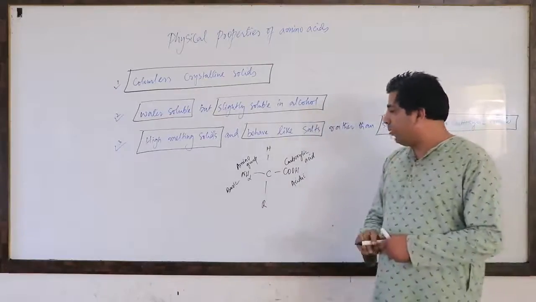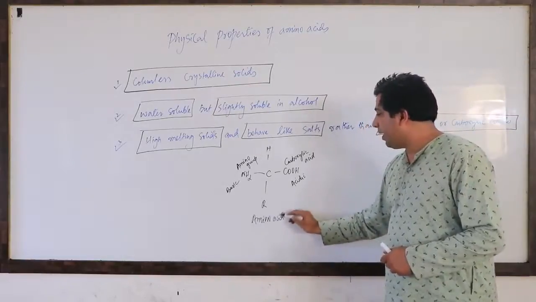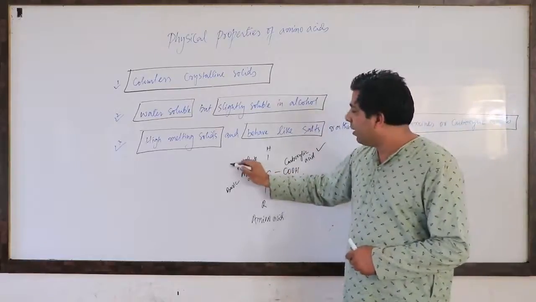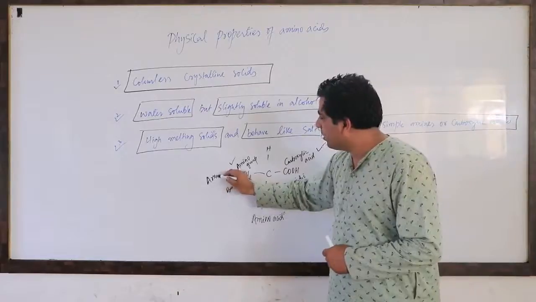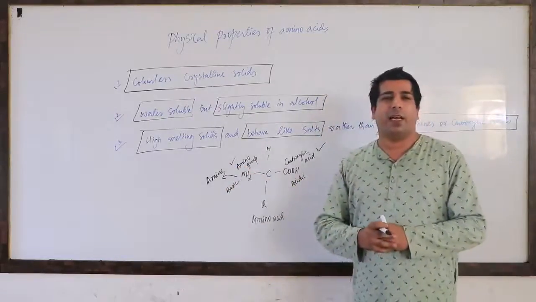So our amino acid should behave like either a carboxylic acid or an amino group. Let us call this NH2 group the amine group. It should behave like an amine.